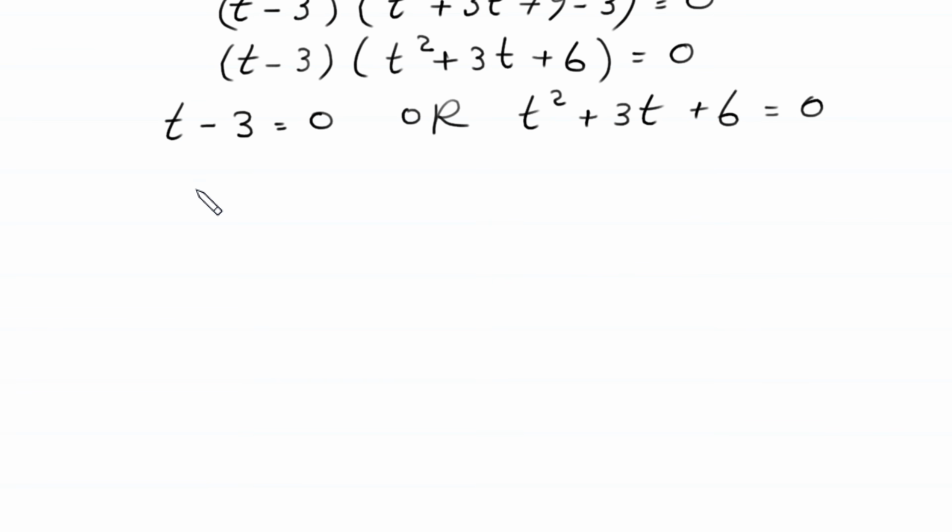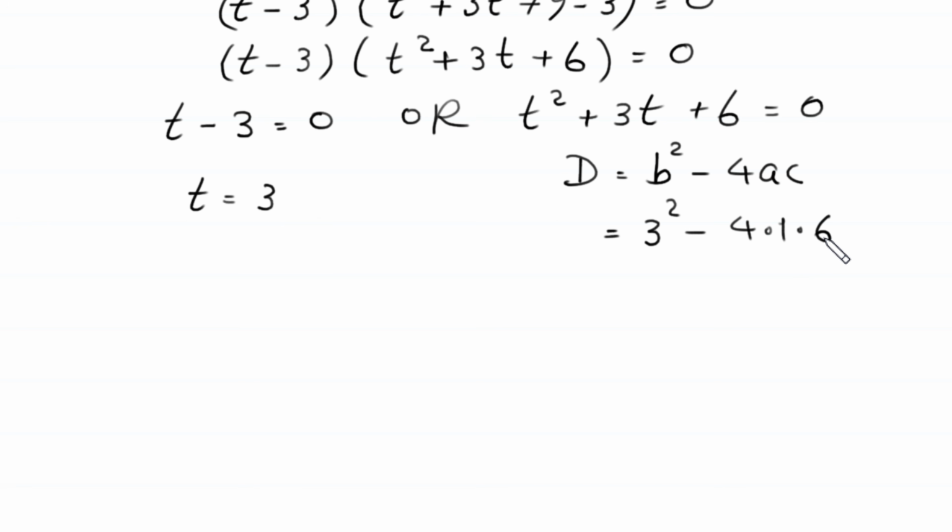From this equation, we get the value of t is equal to 3. And from this quadratic equation, we see whether the discriminant is less than 0 or greater than 0. The discriminant d is equal to b squared minus 4ac. And this is equal to b is 3, so here we write 3 squared minus 4 times a is 1 times c is 6.